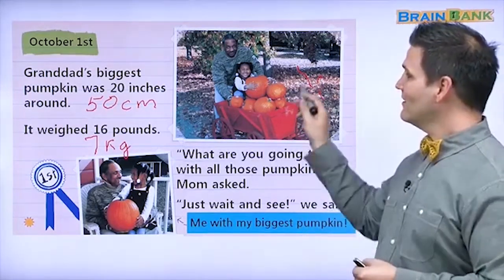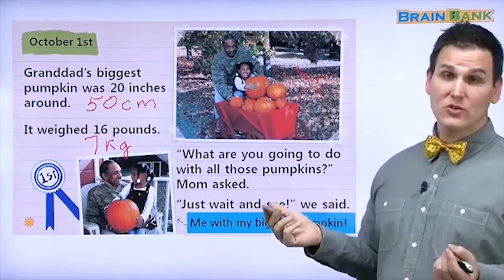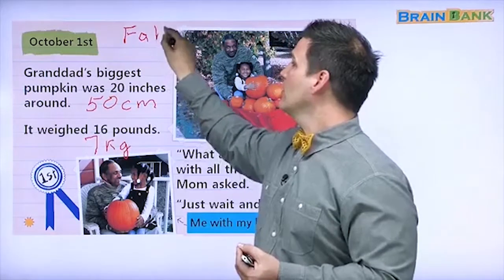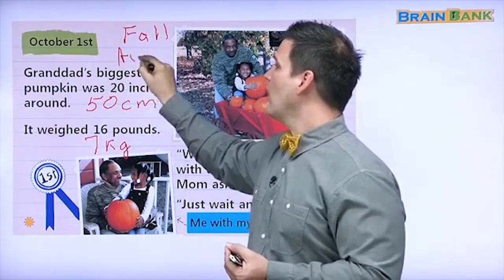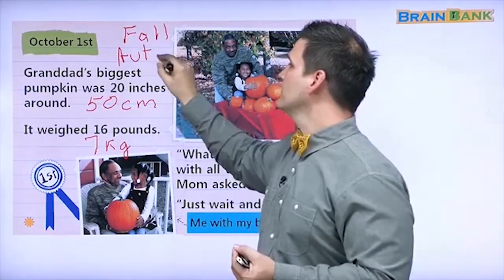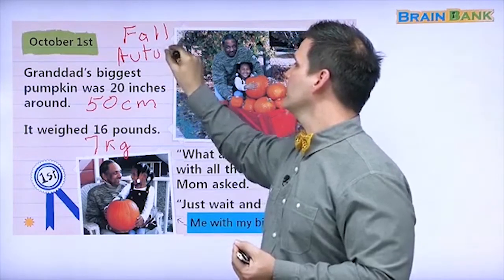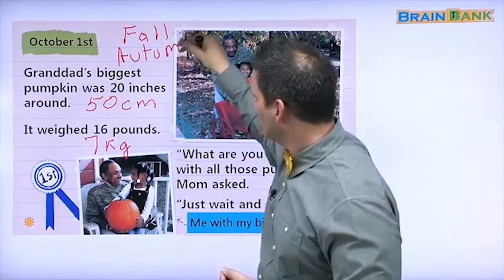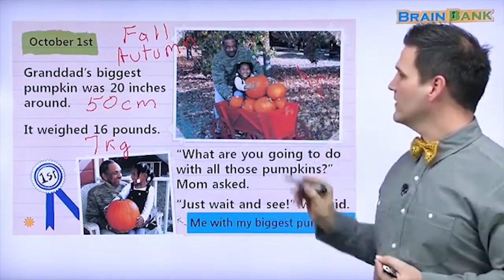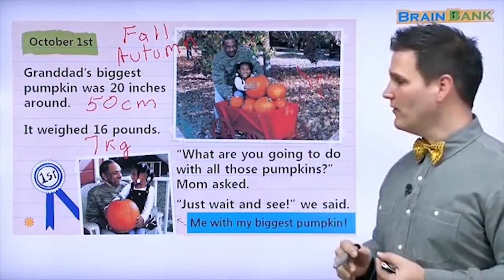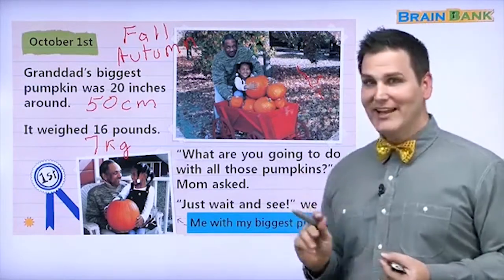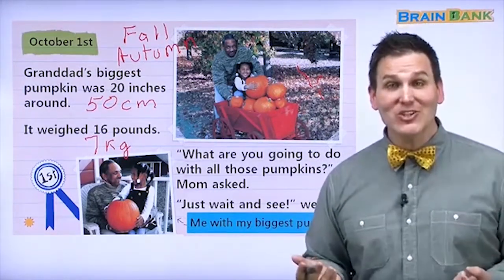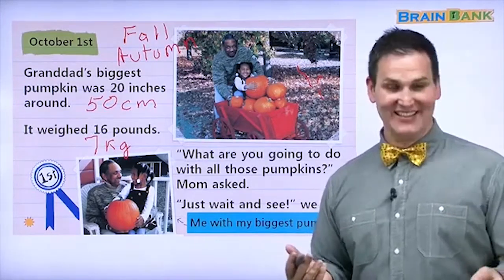No. This season has two names, fall or autumn. Okay, this is autumn or fall. Let's find out what Granddad and the little girl are going to do with their pumpkins.